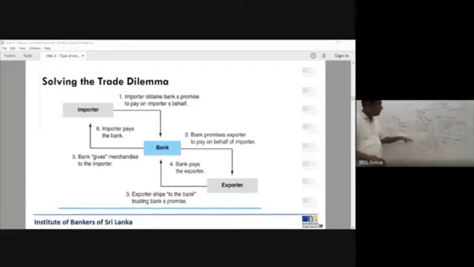The bank says, Mr. Pereira, you take the documents, go ahead with the release of goods. You have 60 days given by the exporter. Right? In order to get the agreement to pay, we get a signature for a usance draft or bill of exchange.